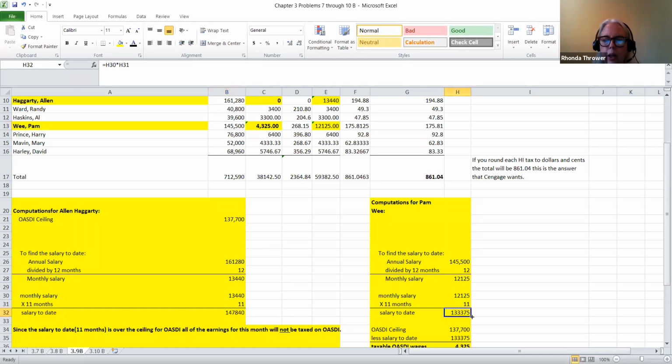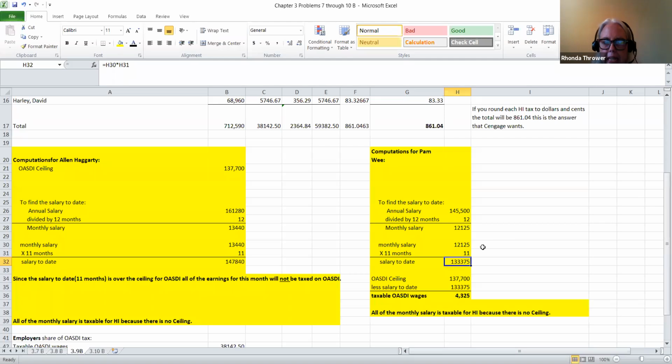Notice this time, the salary at 11 months is under the ceiling of $137,700. So part of the earnings are going to be subject to the tax in the 12th month.